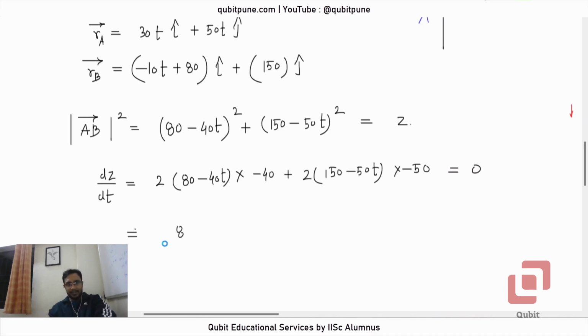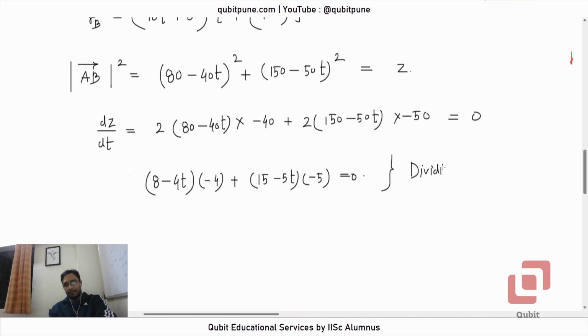So it will be (8 minus 4t) into negative 4 plus (15 minus 5t) into negative 5 equal to 0.